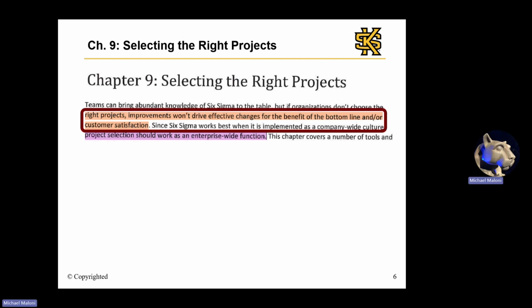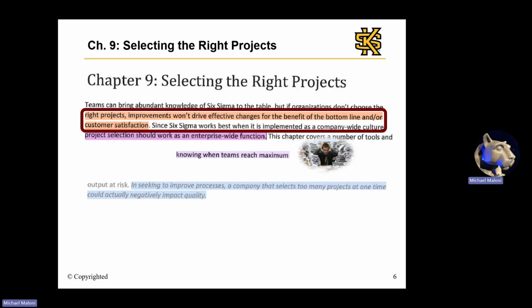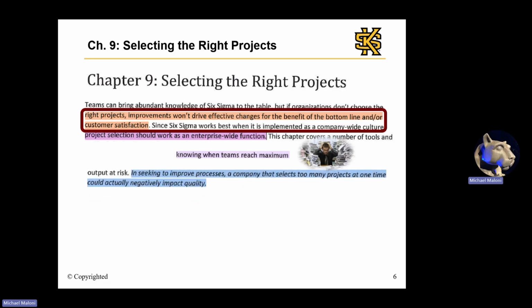Furthermore, the text cautions against selecting too many projects. That is, it's important to recognize when employee time is maxed out. Otherwise, quality may actually decline as employees are spread too thin.